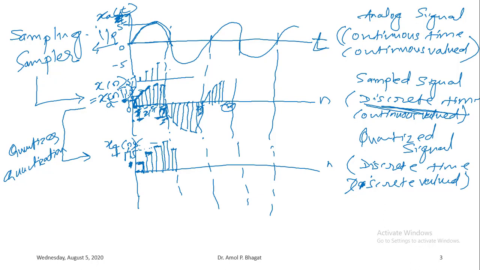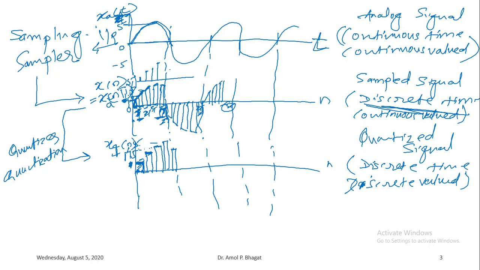Initially it was continuously varying like this, but now there is a fixed value assigned to each sample. Therefore it is discrete in value as well as discrete in time. Likewise this output will be represented.